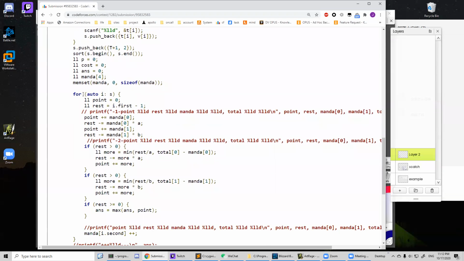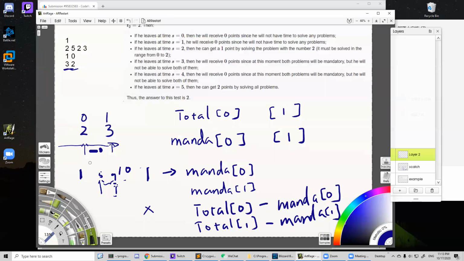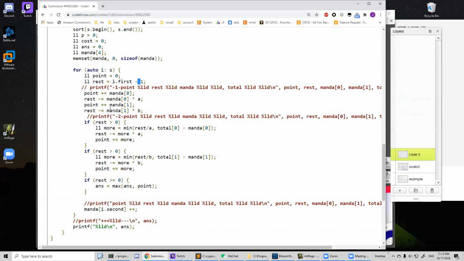And here is where we iterate through all those problems. And this variable is where we keep the points we are going to have for the time we choose, right? And the rest here is the time we still have, right? So the initial rest of time is the time when the problem becomes mandatory minus 1, right?